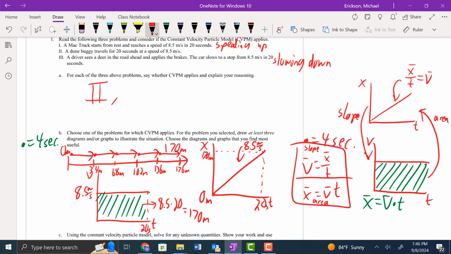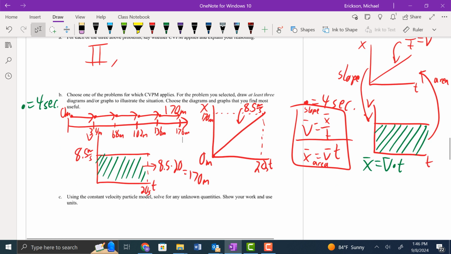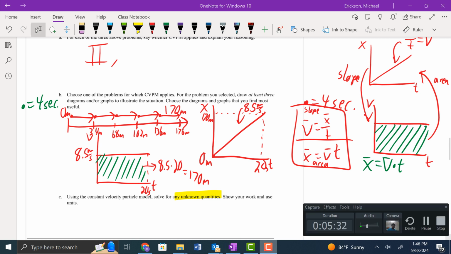So that makes sense. In 4 seconds, I'm traveling 34 meters, essentially. So there, these are all these graphs. I solve for unknown quantities, so I combine B and C. I'm just trying to show you everything we've learned. We've completely mapped out what this dune buggy is.